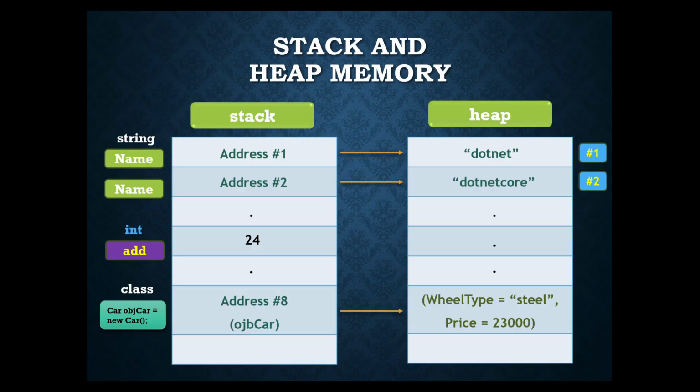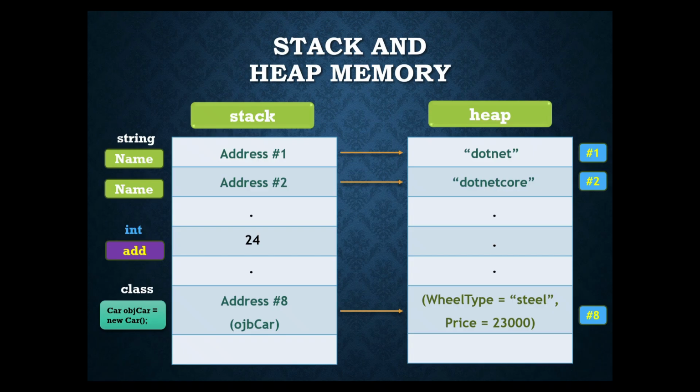The address is stored in the stack memory, and the object with its properties is stored in the heap memory. The address is specified in the stack memory. Every time we create an object, its address is stored in the stack memory, and all the property values are stored in the heap memory.